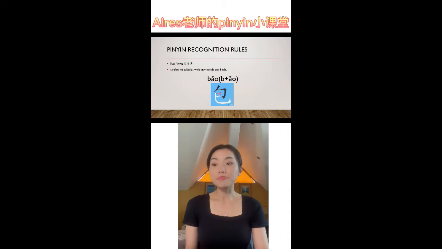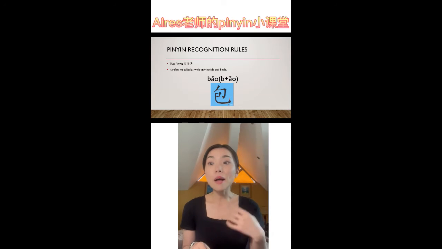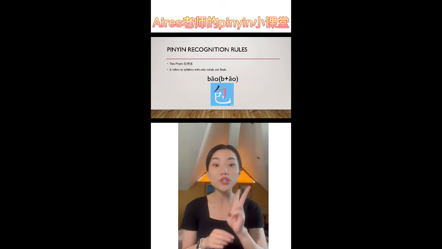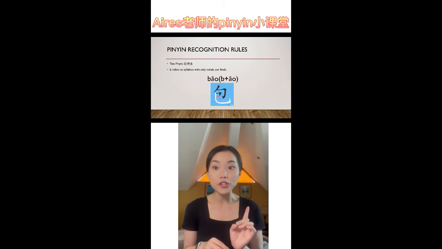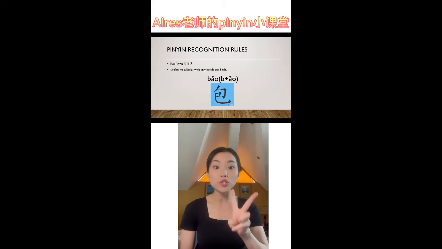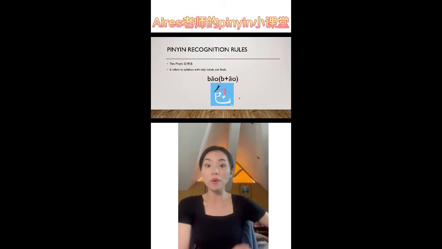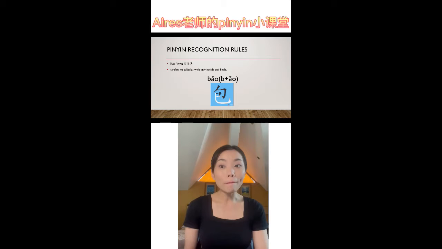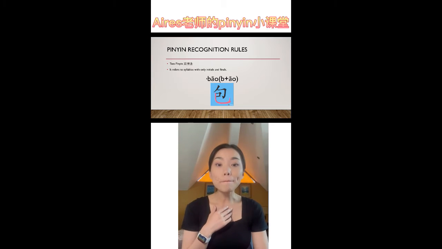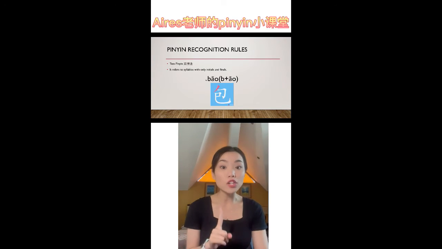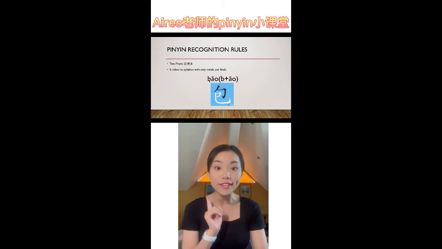For example, the two-part pinyin refers to a syllable with only an initial and a final. For example, here, bao, what does that mean? That means a bag, the carry bag. So bao. This is the initial, the first initial, right?